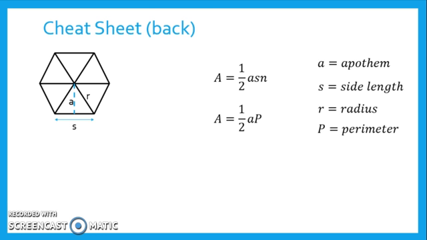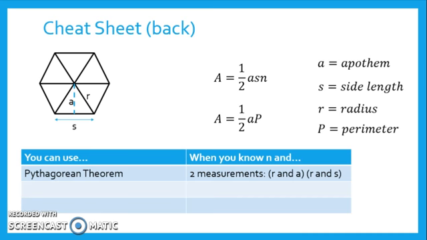We want to make this chart here, and we're going to fill out the first box only. You can use the Pythagorean theorem when you're given 2 measurements, R and A, or R and S. If you had A and S, you could just plug it into the formula. So the Pythagorean theorem is specifically when you have the radius and another side.